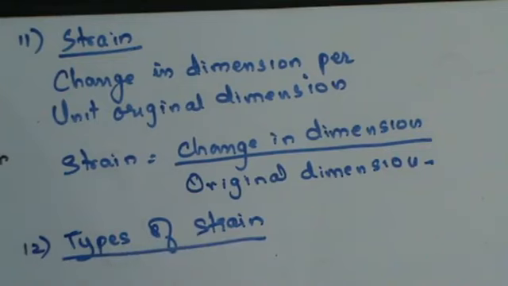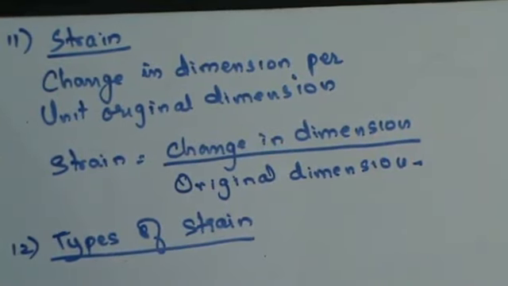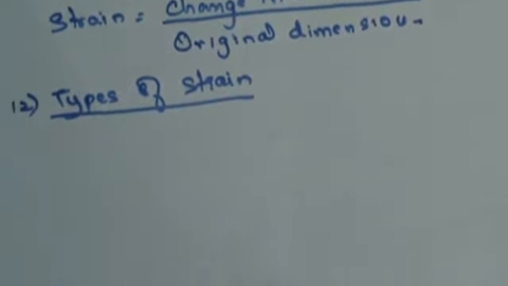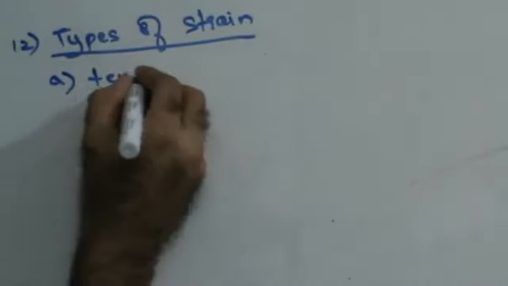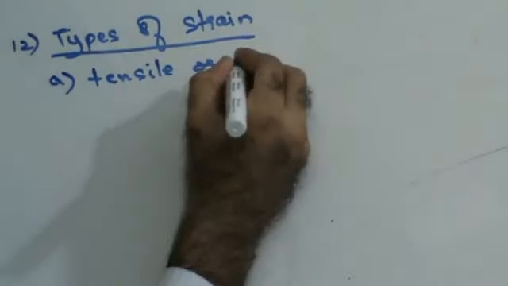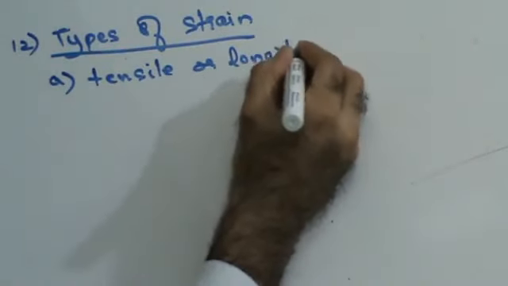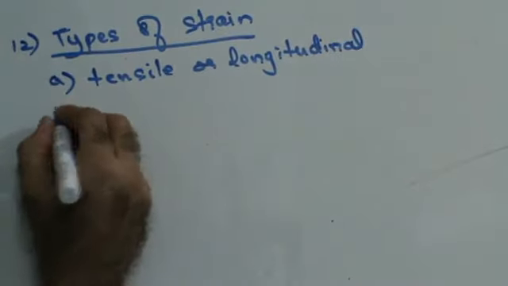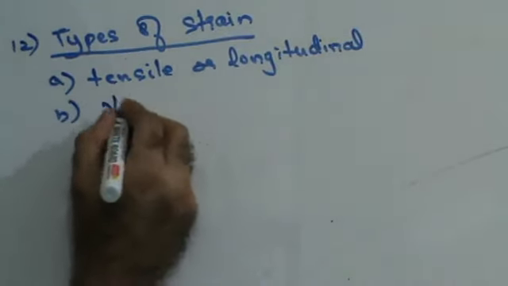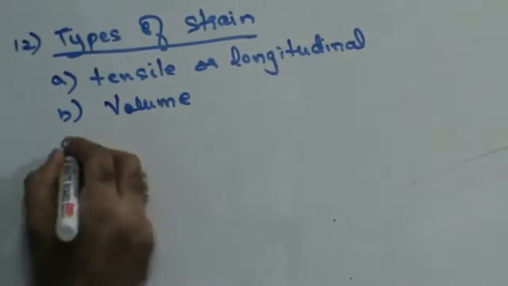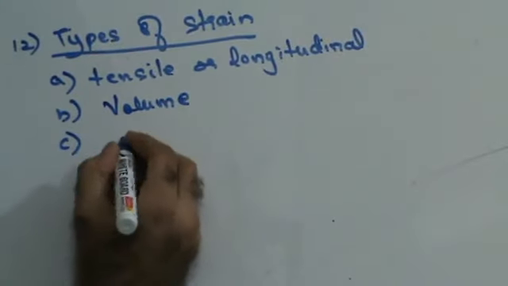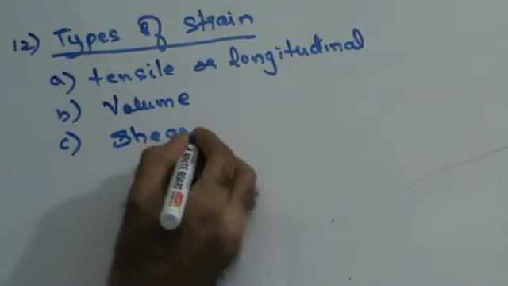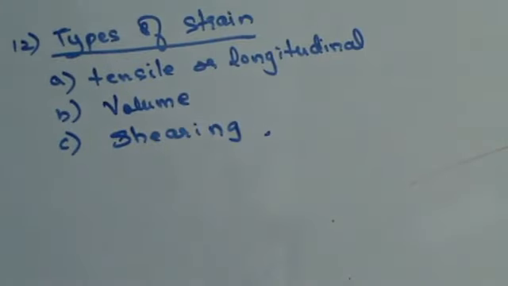Just like we have three different types of stress, you have three different types of strain. You have tensile or longitudinal strain, you have volume strain, and you have shearing strain. These are the three different types of strains.